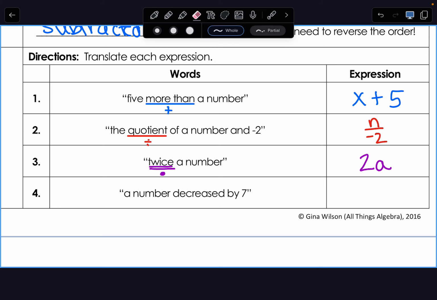Write down what you think the answer to number 4 should be. Could you do that for me?